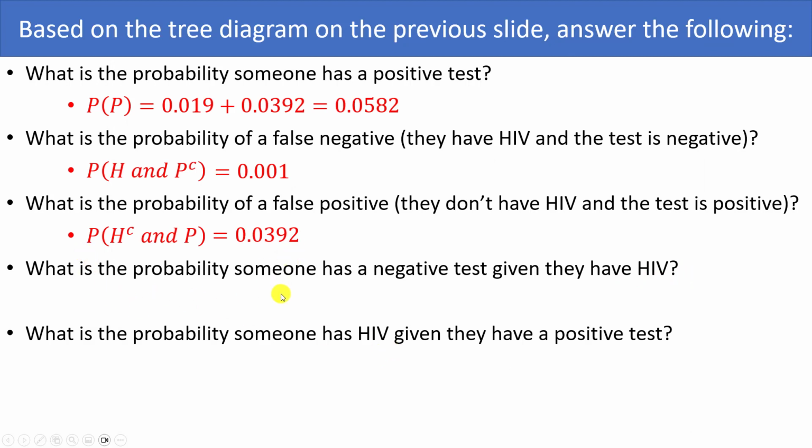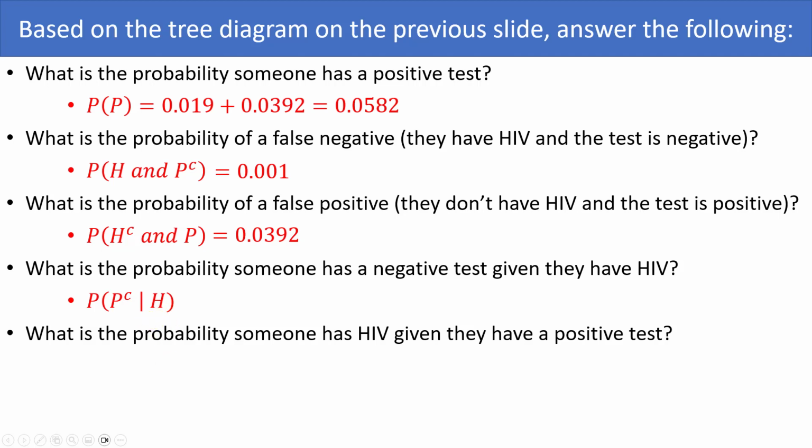All right, two more. What is the probability someone has a negative test given they have HIV? So the given there is the key here. This is going to be a conditional probability. And the one that they're asking for here is the chance that they have a negative test, that's P complement, given they have HIV. Remember, the one that's given or conditioned upon must be listed second. So remember that some of the conditional probabilities are given on the tree and some are not.